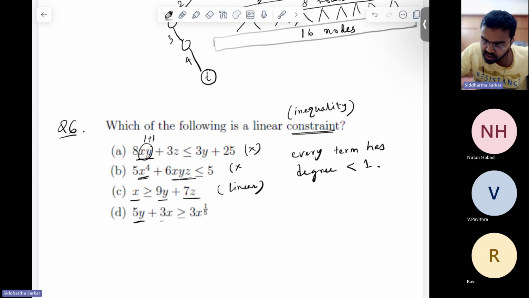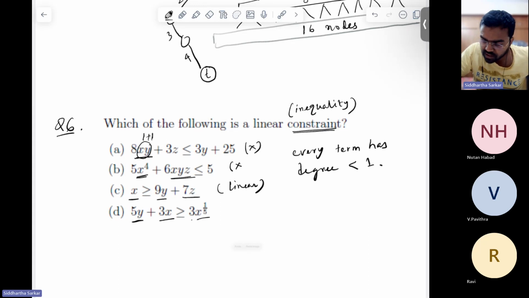This is degree 1. This is degree 1. But this is fractional degree. So this is not linear. This is fractional, so the degree is less than 1. The degree has to be non-fractional.